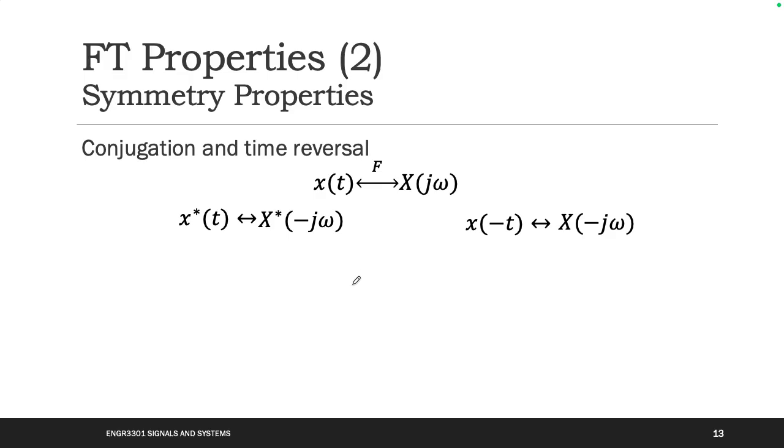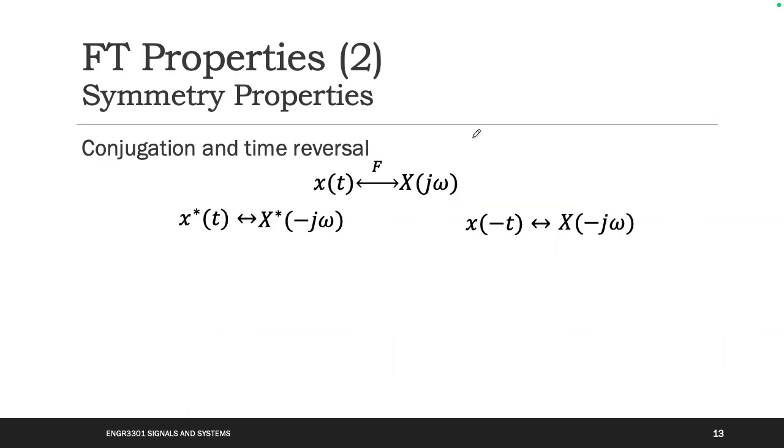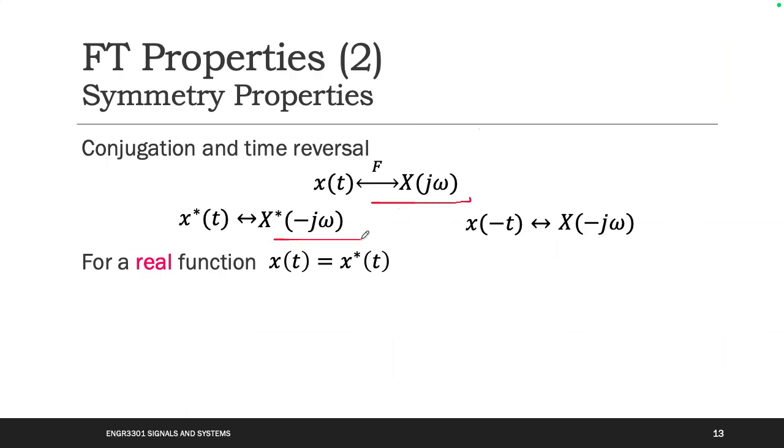You can see that if you compare them, they're very similar. For a real function, x(t) equals x(-t), so those two should equal each other, am I right? Because this one equals this one. That makes sense to you?